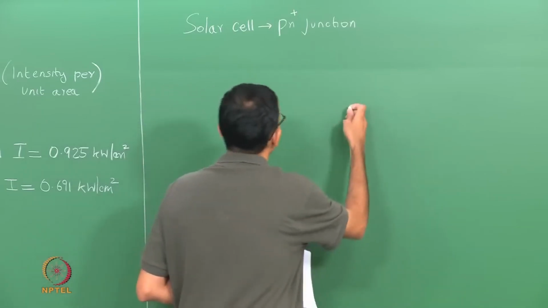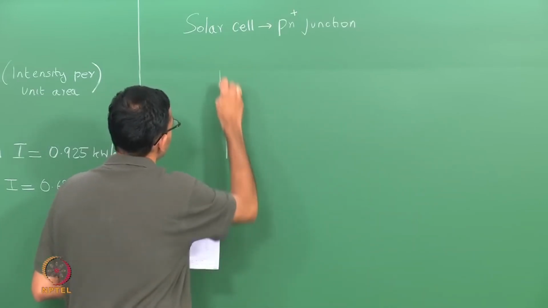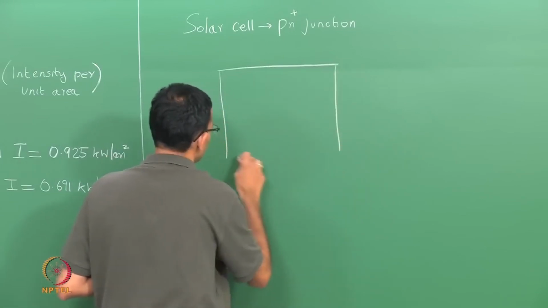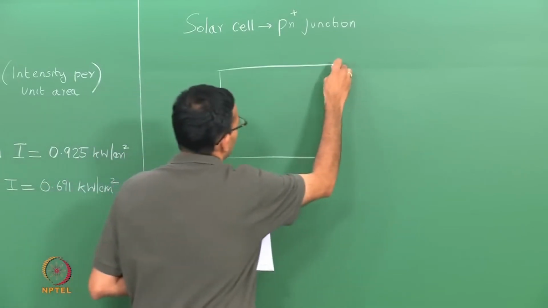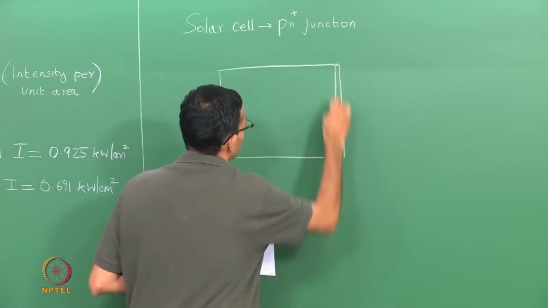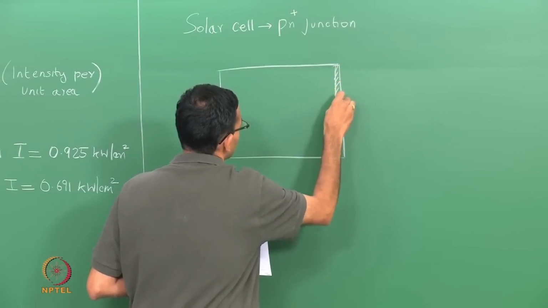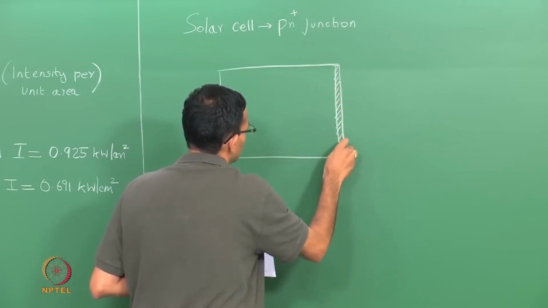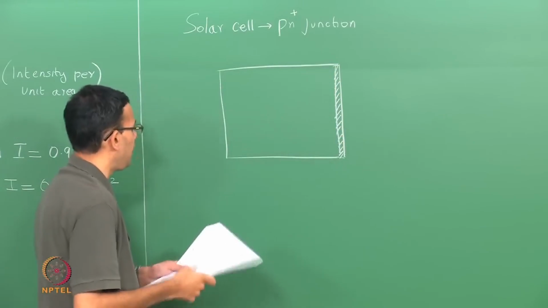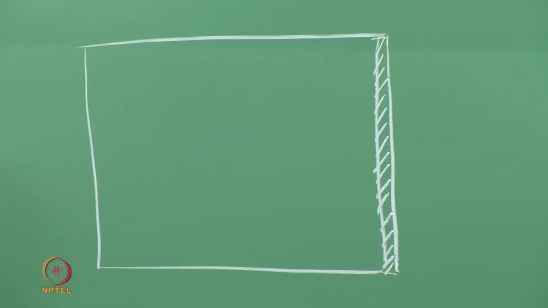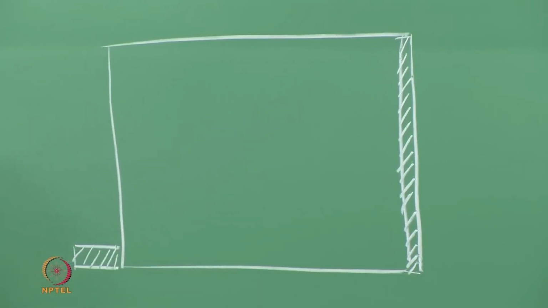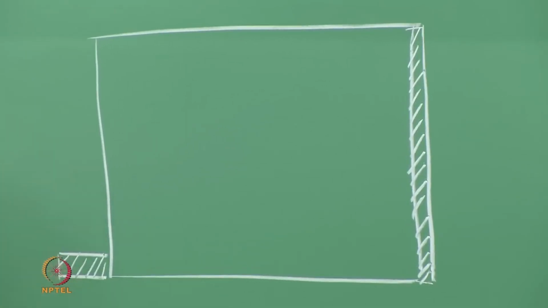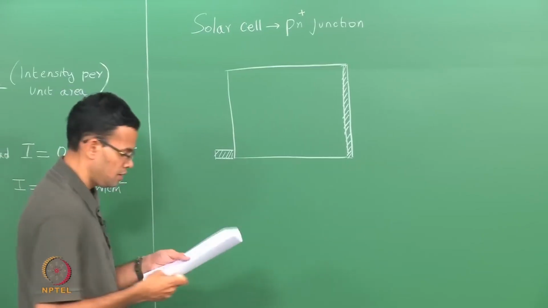So if I were to draw a schematic of this, here is my solar cell. I have electrical contacts at one end. My light is incoming from this direction, so I also have electrodes at the other end, but these electrodes do not cover the entire surface because the light has to penetrate through your device.